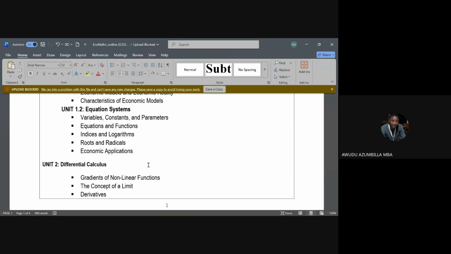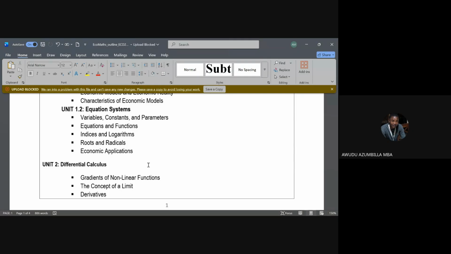So it's very important for us to know what variables are, what constants are, and what parameters are. Then we'll go to equations and functions, look at what equations are: simple linear equations, quadratic, polynomial, and the rest. Then we'll look at functions as well. Then we'll move on to look at indices and logarithms, roots and radicals, and economic applications.